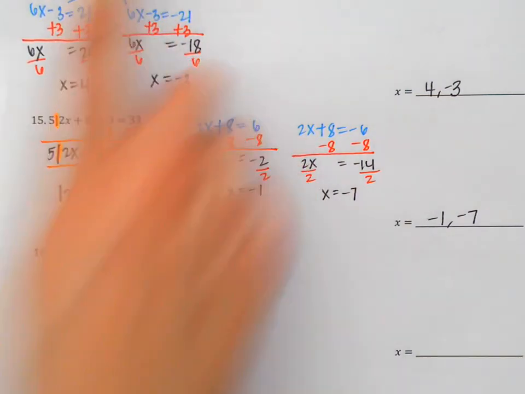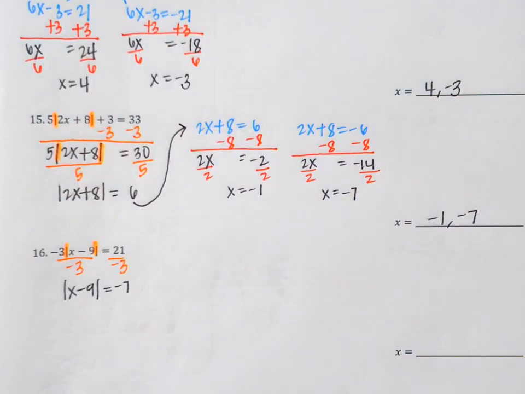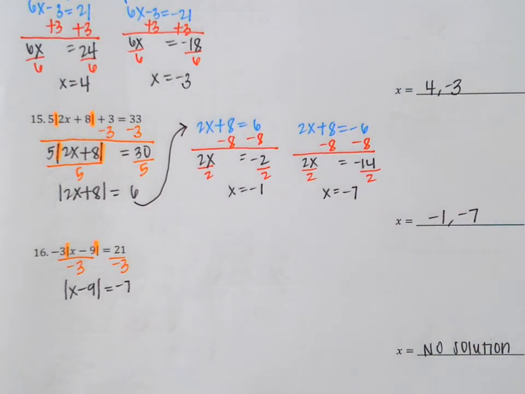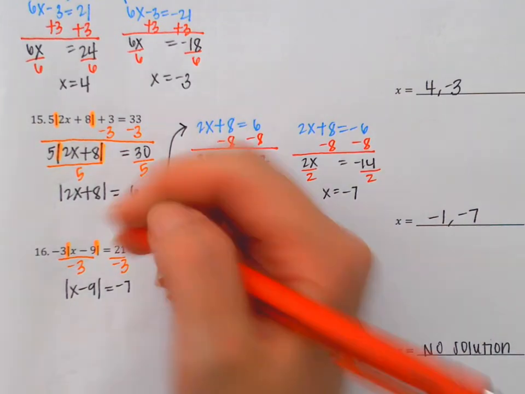It equals positive 8. So before we split, we have to think, does that make sense? And it doesn't. An absolute value will never equal a negative number. So what this means is there is no solution because an absolute value cannot equal a negative number.